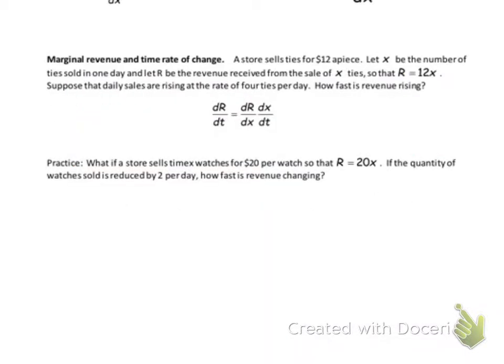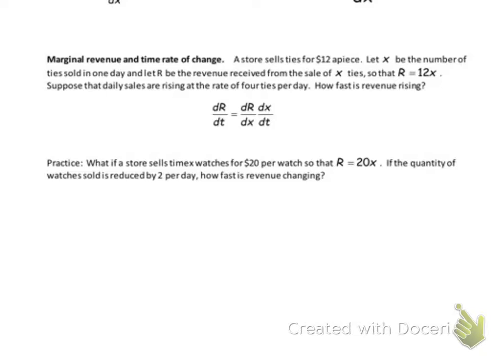Okay, so this is another application of a chain rule. I need to find dr dt, and dr dt is going to equal dr dx times dx dt. So let's see why. This says a store sells ties for $12 a piece.